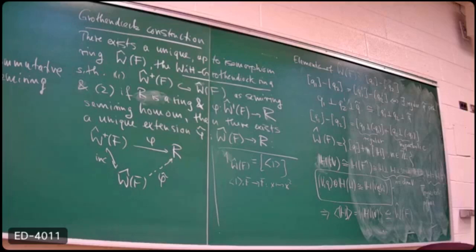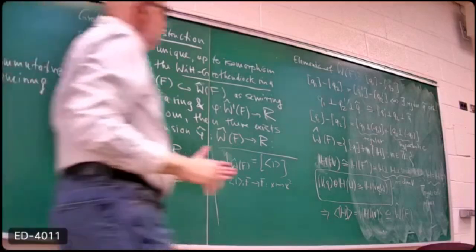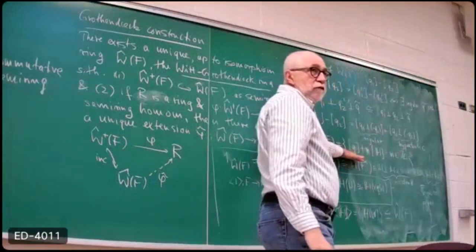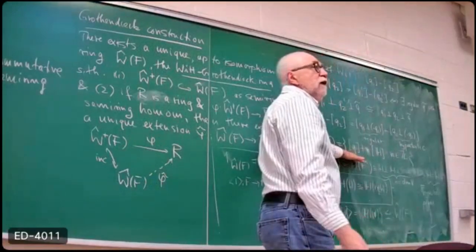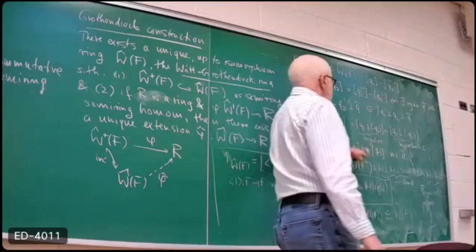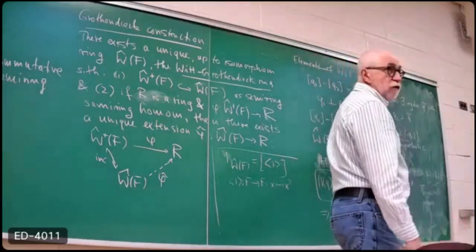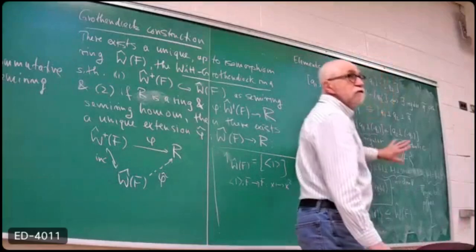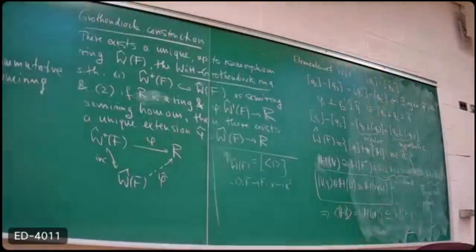Now, as a set, if you look at this description, it is just isometry classes of quadratic forms, and they are no longer different. We add multiple forms.